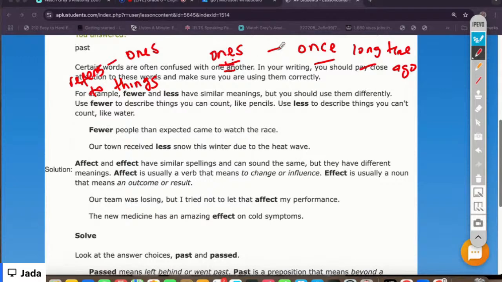All right. But I know that a lot of people confuse these two. So you have to take note that this one means a long time ago, and this one is just the plural of one, when we have one like that, and it's referring to things. All right. So this is a very typical example of frequently confused words.